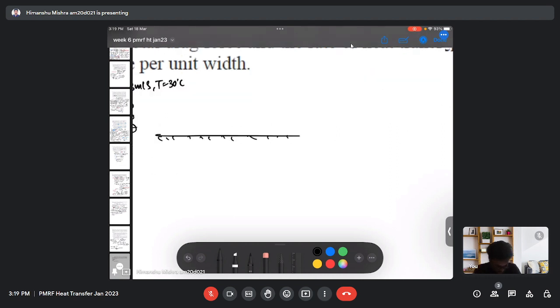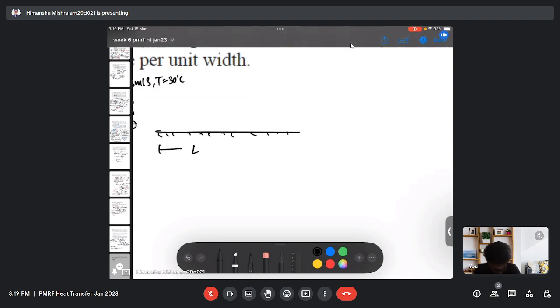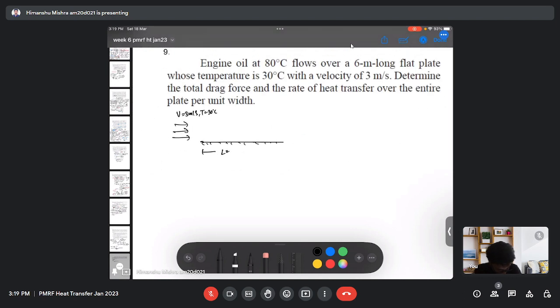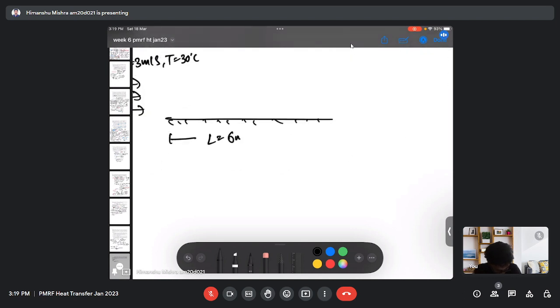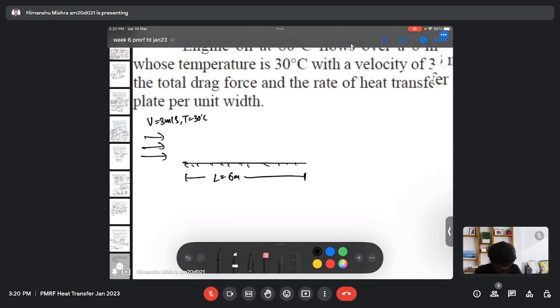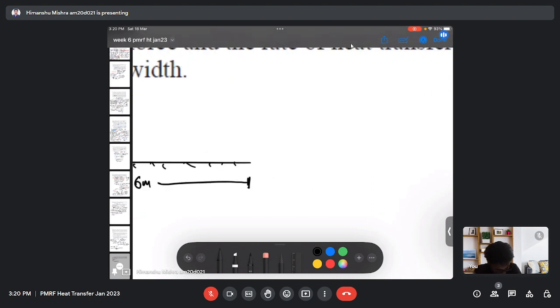The length of the plate is 6 meters. And the properties of engine oil are as given.